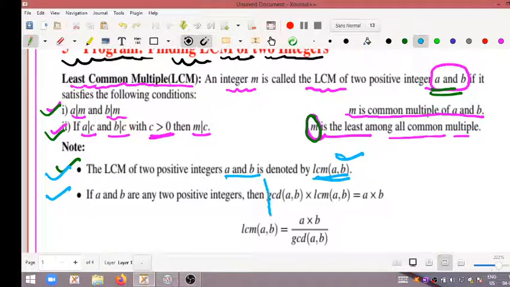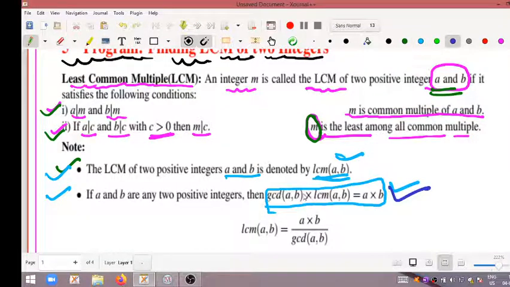We all know that GCD of two integers a comma b into LCM of the given two integers a comma b is equal to the product of the given integers a and b.